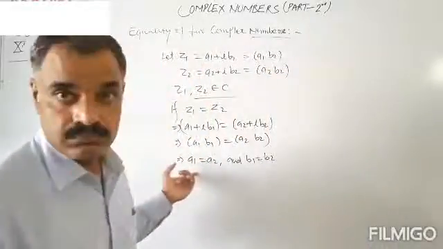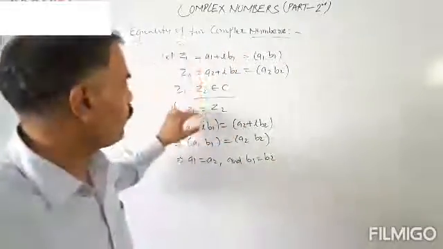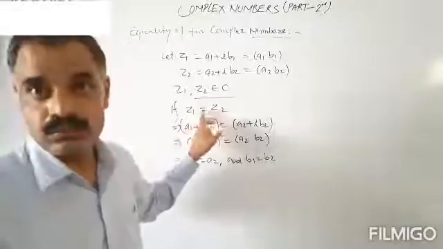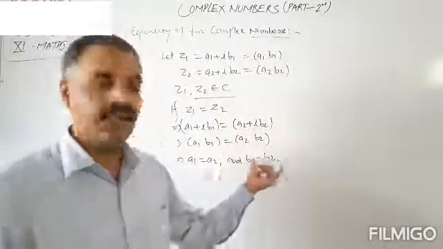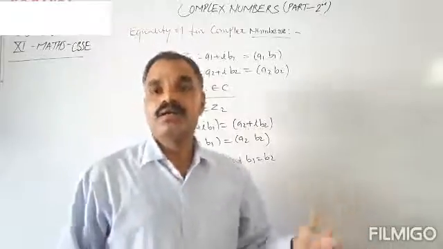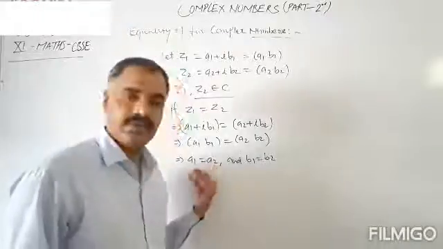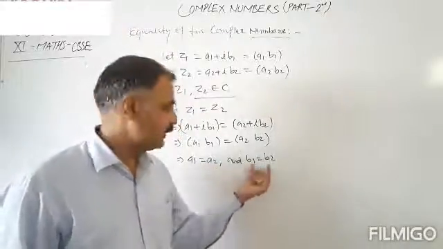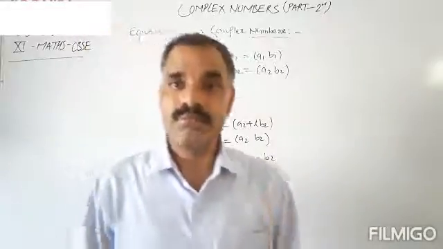So what are we observing? We are observing that two complex numbers are equal if their real part and their imaginary part are equal separately. Their real parts a1 and a2 are equal, and their imaginary parts b1 and b2 are equal separately.